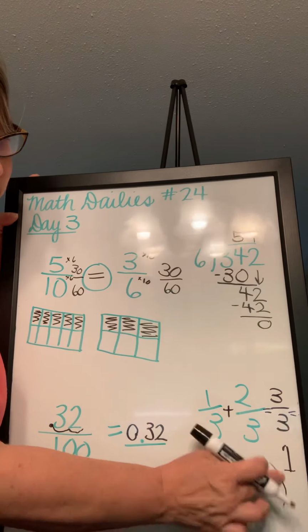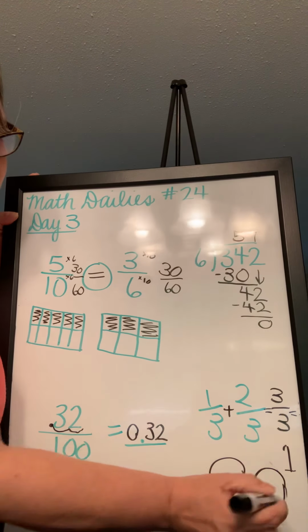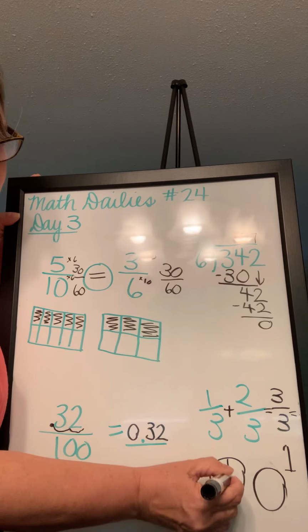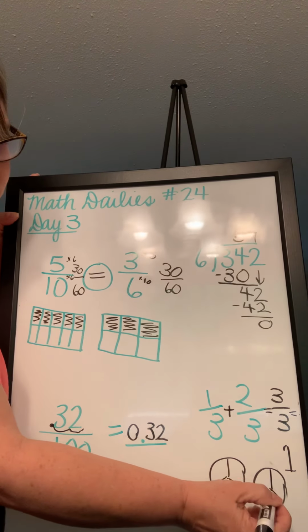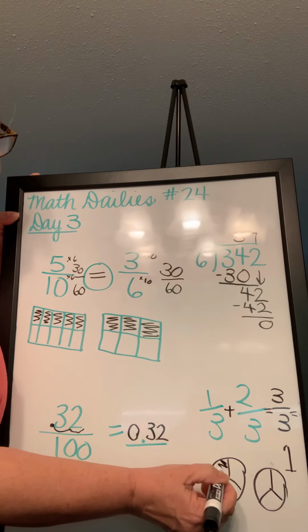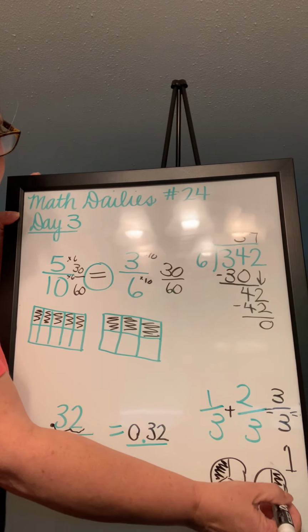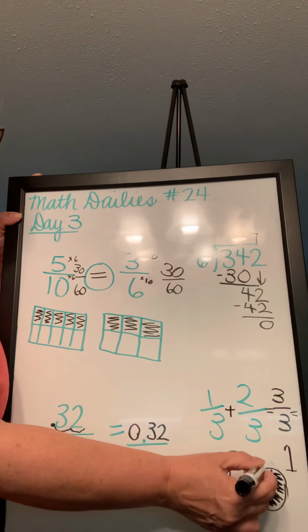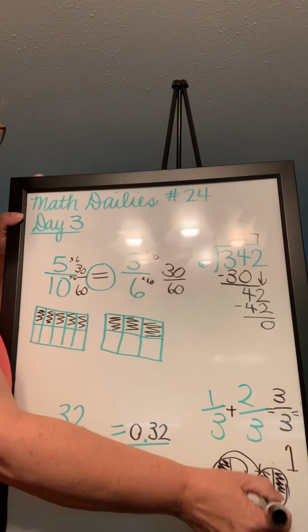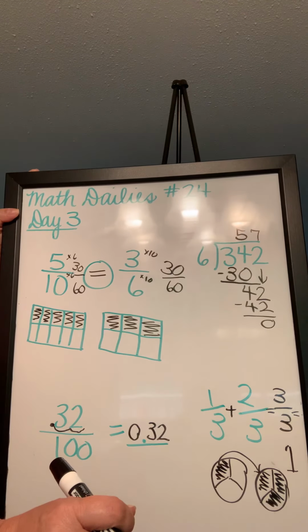Oh, okay, that one's not very good at all. They ate 1/3 of this pizza and 2/3 of this pizza. Well, if we moved this over to there, it would make 3/3 or one whole pizza.